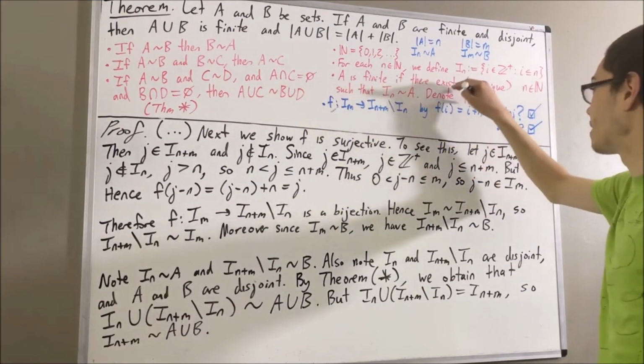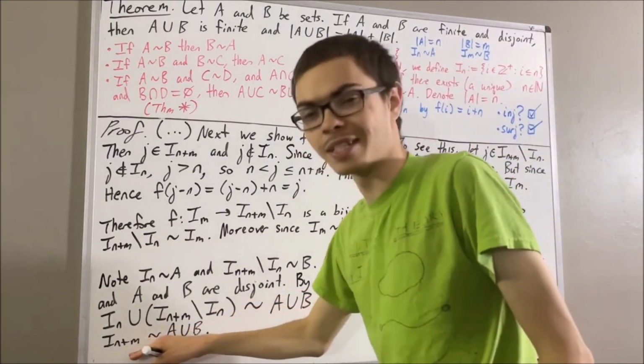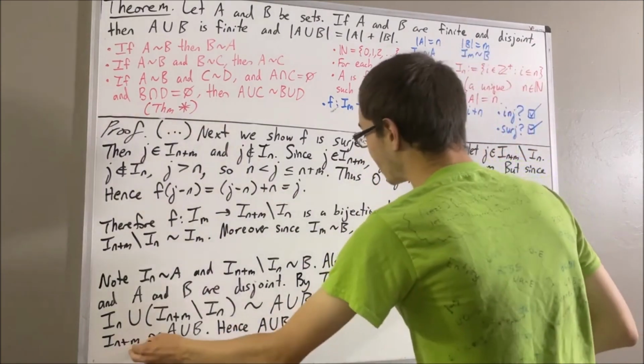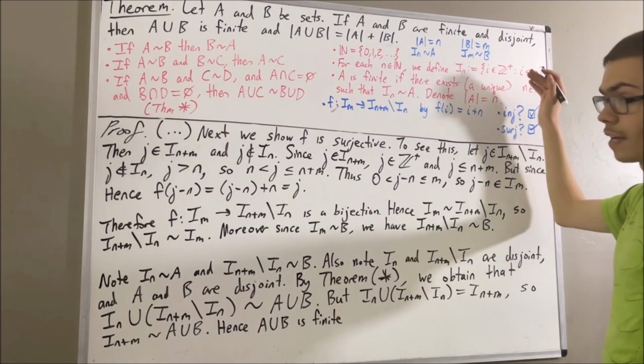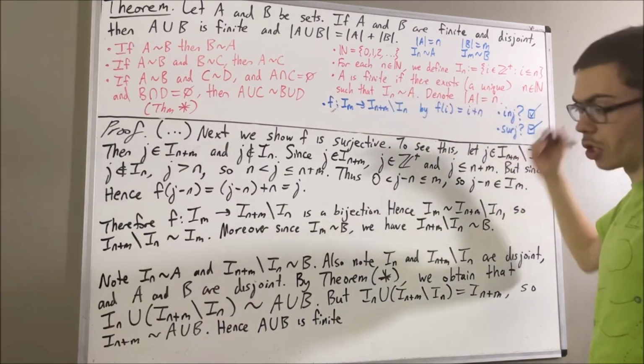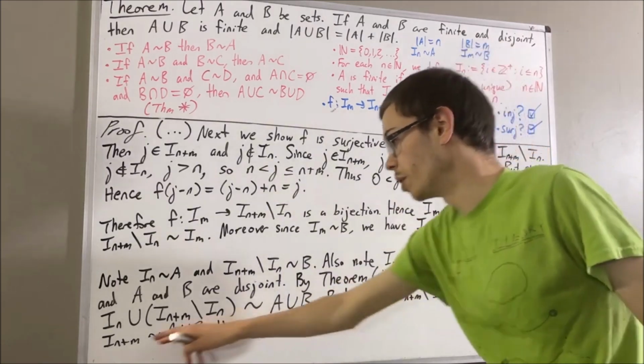There exists a natural number that satisfies this condition, namely n plus m. And n plus m is the unique natural number that satisfies this requirement, and we denote it like this. So really, the number of elements in the union of A and B is equal to n plus m.